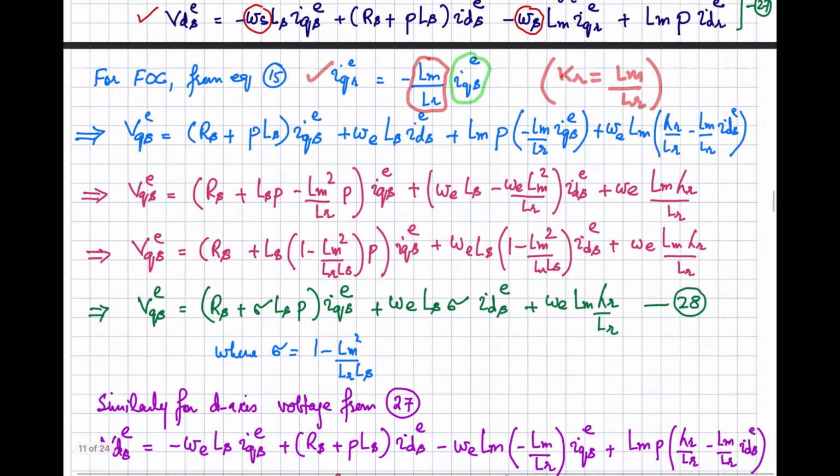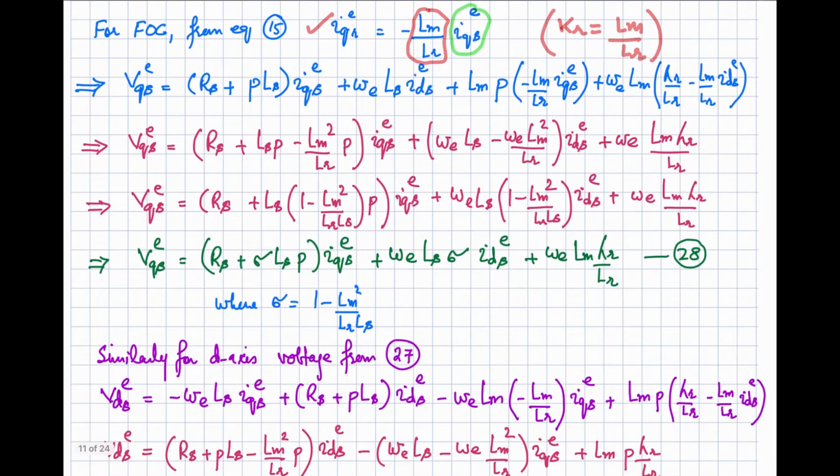The second one was the leakage coefficient, given by sigma equal to 1 minus Lm square over Lr into Ls. Basically, this is equal to 1 minus Kr Ks, where Kr and Ks are the coupling coefficients of the rotor and the stator. So this is 1 minus Lm over Lr for the rotor and Lm over Ls for the stator, which can be written as 1 minus Lm square by Lr into Ls.